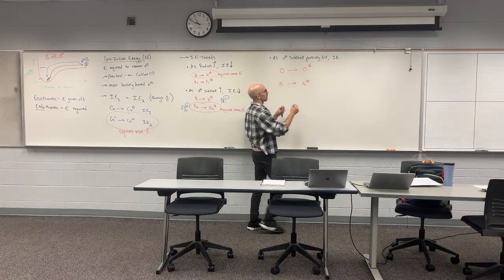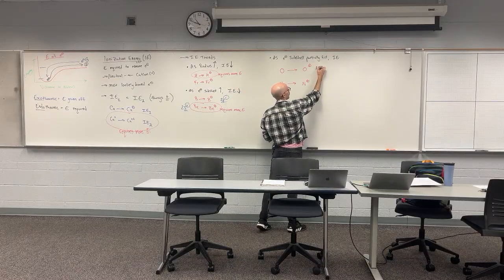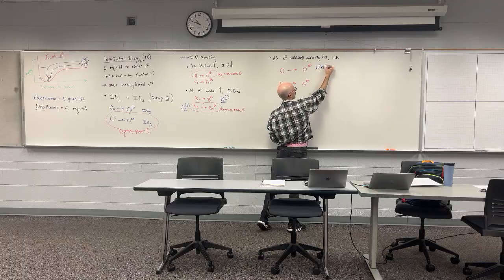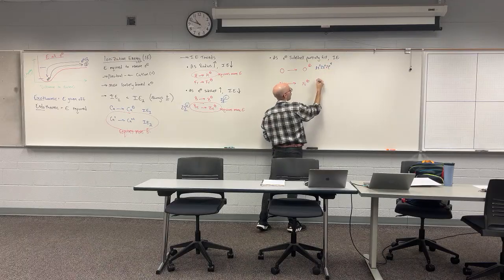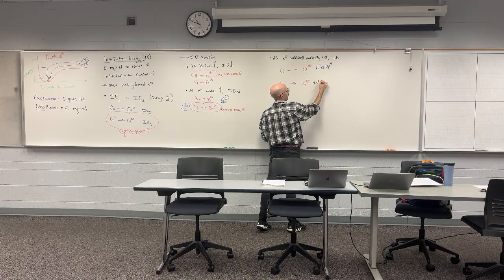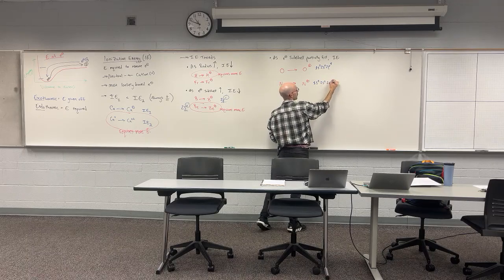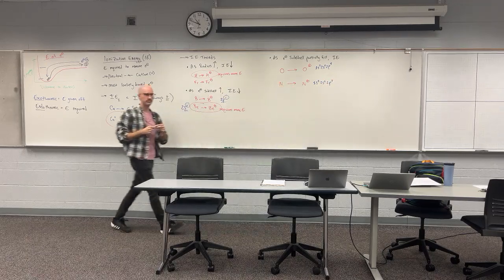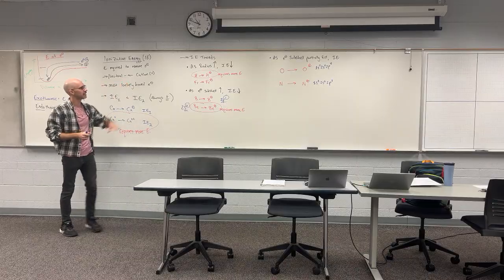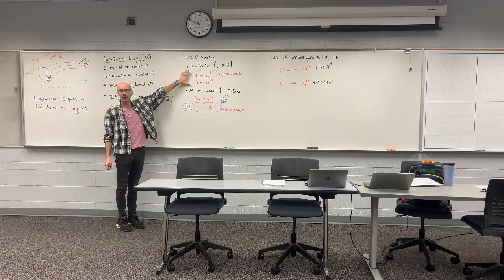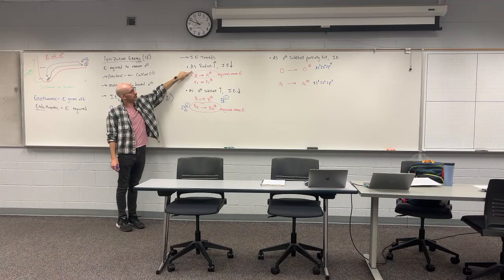Oxygen has an electron configuration 1s2, 2s2, 2p4, whereas nitrogen is 1s2, 2s2, 2p3. Is it pulling from a higher energy shell? No. But that's actually another way we could have said this.